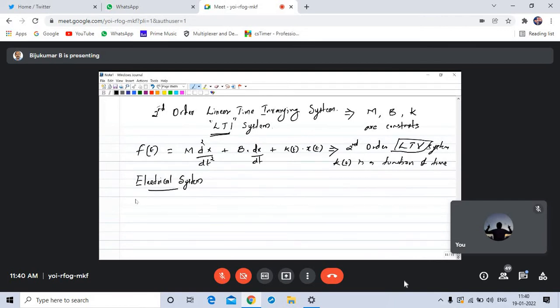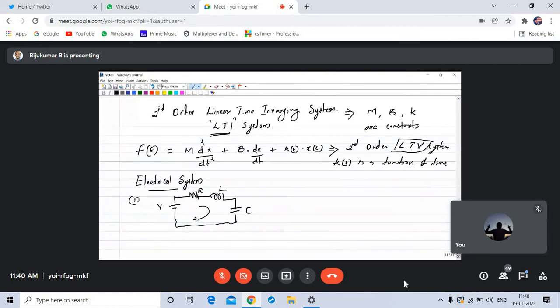So one type of arrangement is we can connect all the elements in series, right? Suppose I have a voltage source V, a resistance R, then an inductor L and a capacitor C.